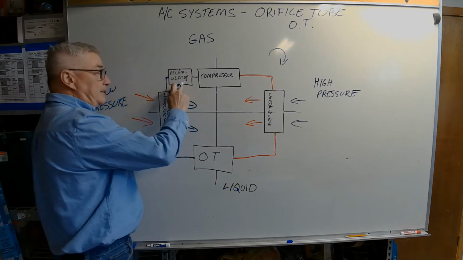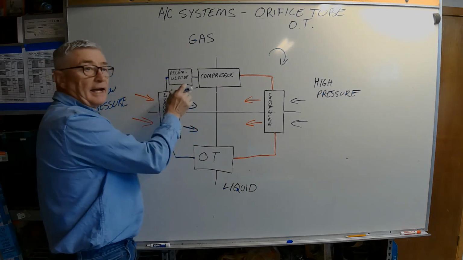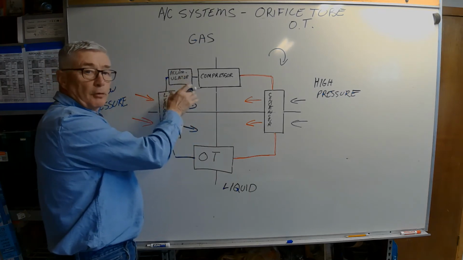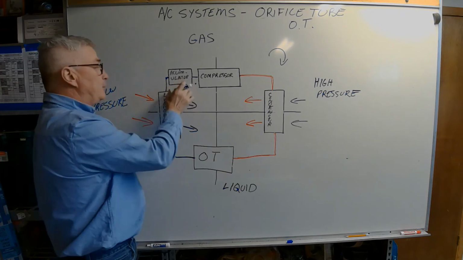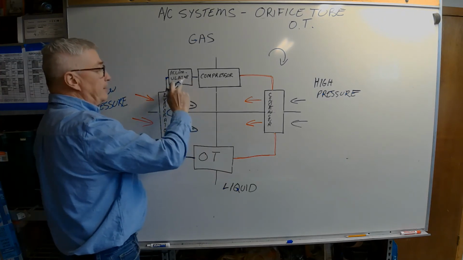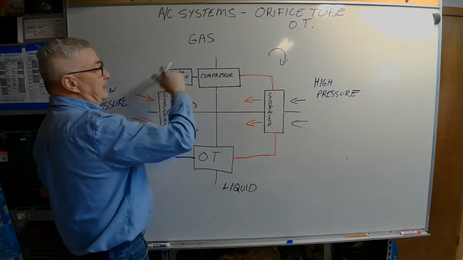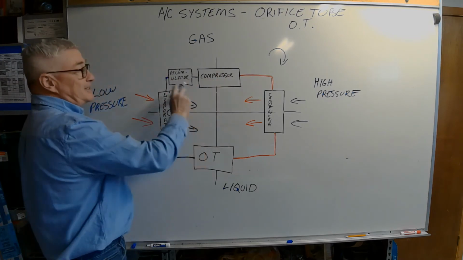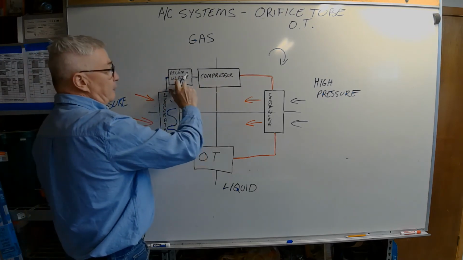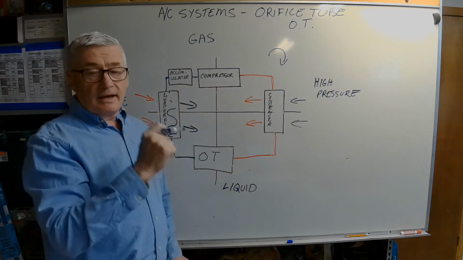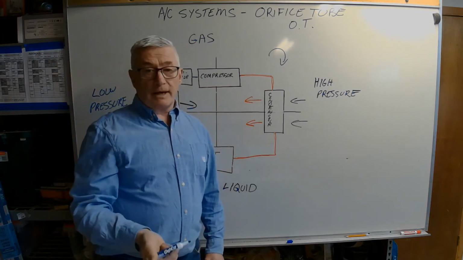It will drop into the bottom of the accumulator, and it will use the heat from around the engine compartment to finish converting that from a liquid into a gas and then move it into the compressor. And that is to prevent liquid refrigerant from going to the compressor, because we cannot compress a liquid.